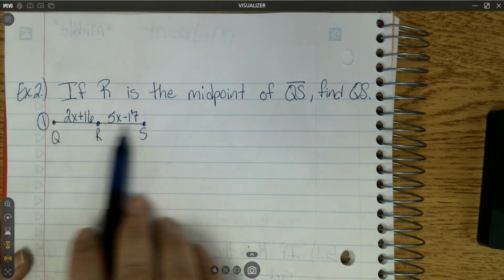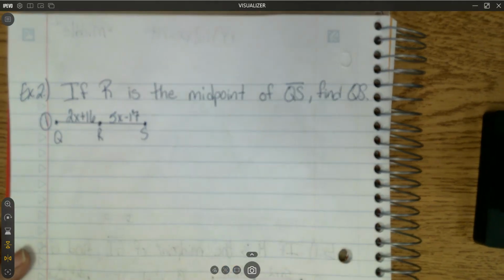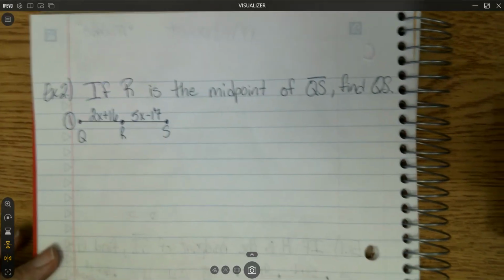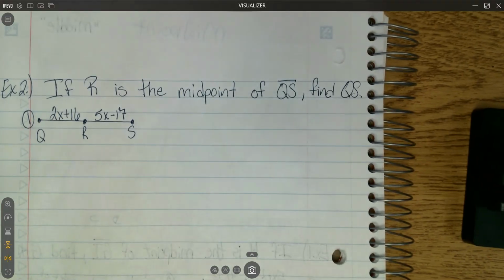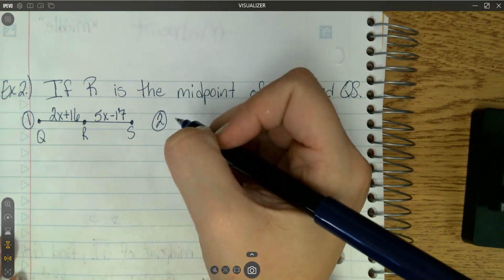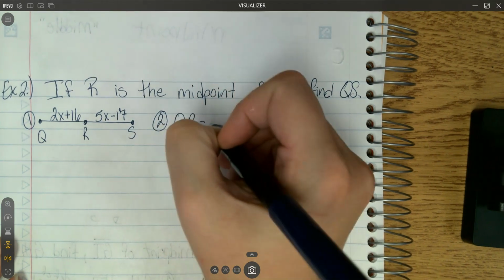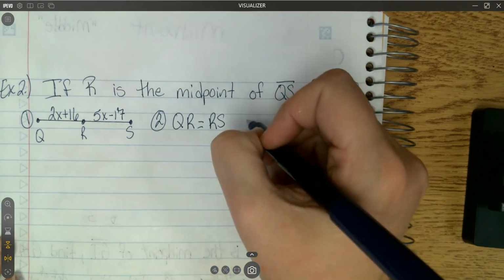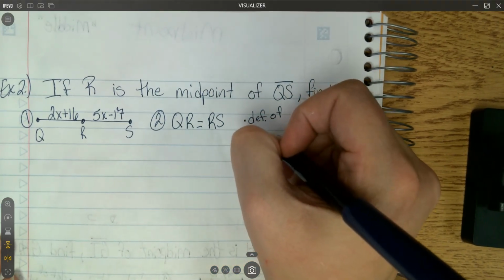Okay, everything's labeled, no additional information I can add. Sorry, my camera keeps wanting to adjust automatically there. There we go. Second is I'm going to set up my geometric statement. I know by midpoint that QR is equal to RS by definition of midpoint.